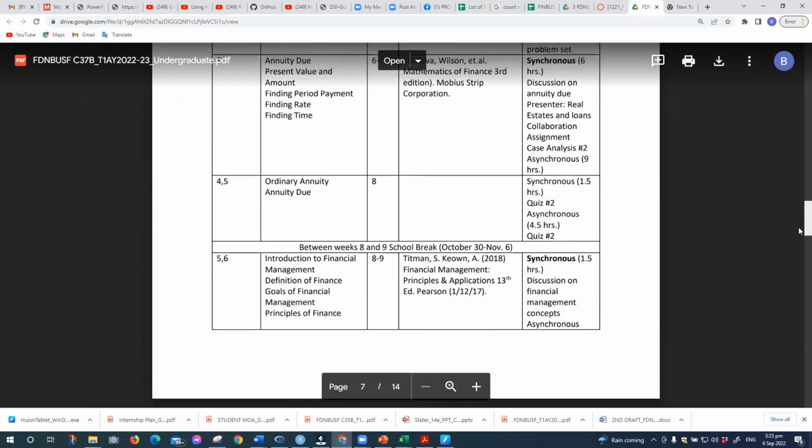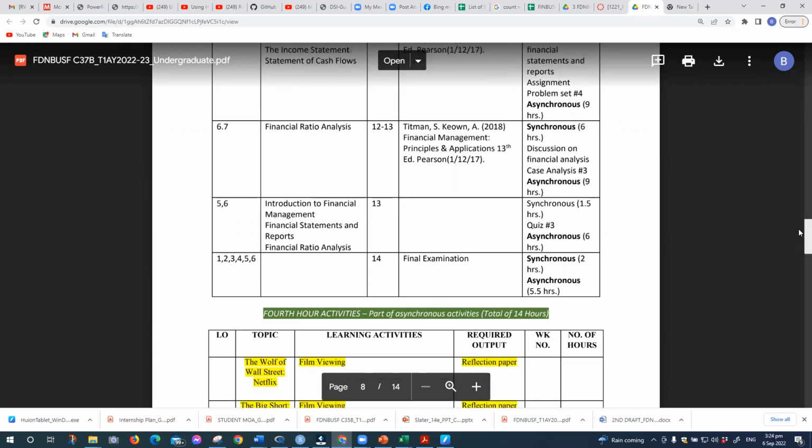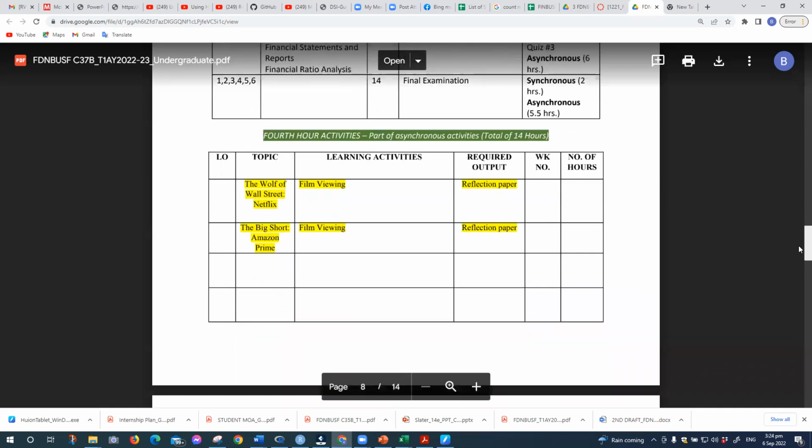And then the last quiz will be your finance. Baka split din natin to kasi medyo mahaba din to. So let's see. I want to split it and have at least 4 quizzes so that I can cancel the lowest. That's what I normally do. Gusto ko mag-cancel the lowest para to give you an opportunity to have a higher grade.